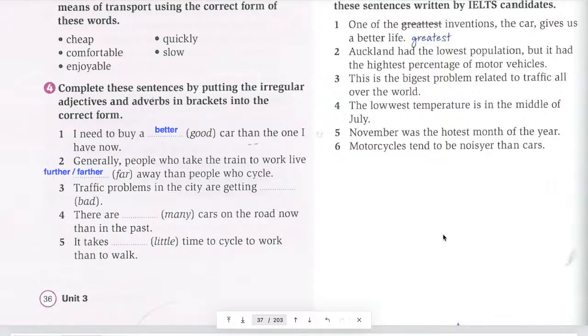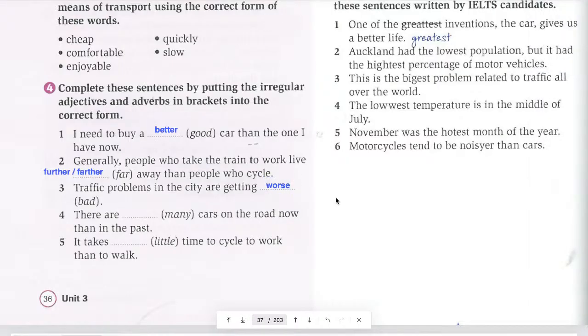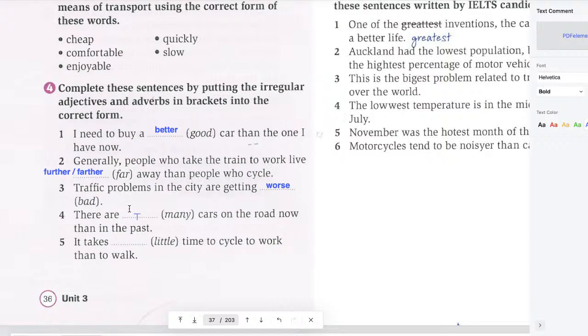Okay, number 3, Duy Tân. Traveling alone in the city... What's the answer? Worse. Okay. Traffic problems in the city are getting worse. Number 4. There are more cars on the road now than in the past. So many becomes more. Okay?